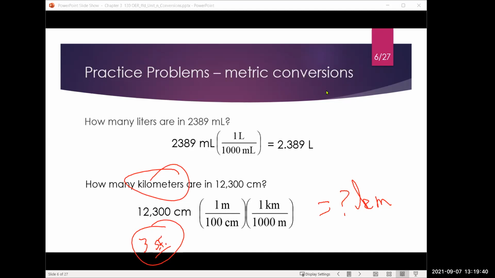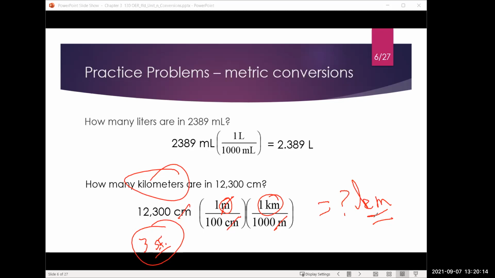So if I use a factor that I know, that in 1 meter there are 100 centimeters, I can set that conversion factor up first because my centimeters cancel. And then I need another one because I'm not at the kilometer units yet. I need one more factor here, which relates kilometers to meters. My meters cancel, leaving me with the units of kilometers, which is what I'm searching for.